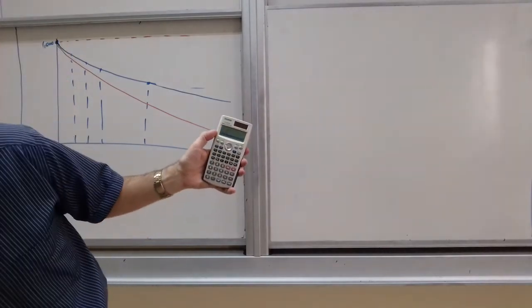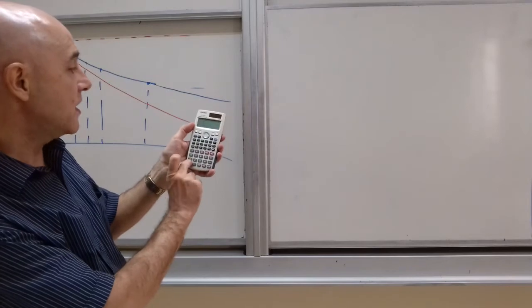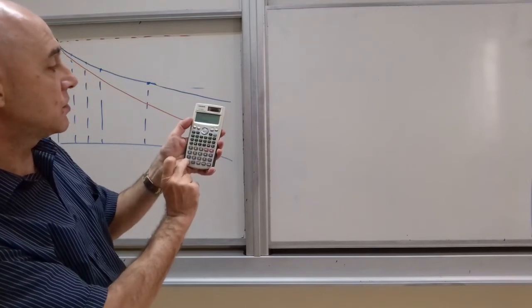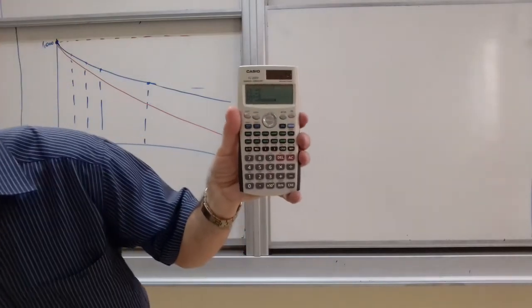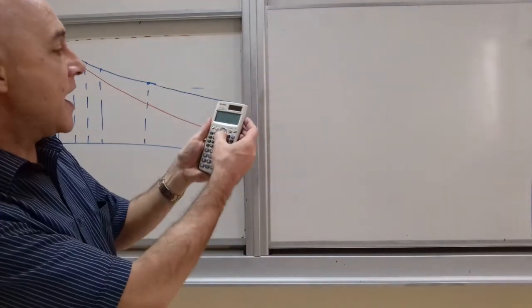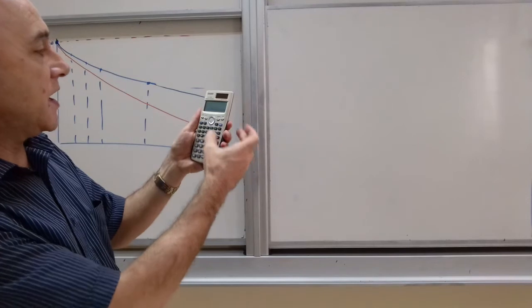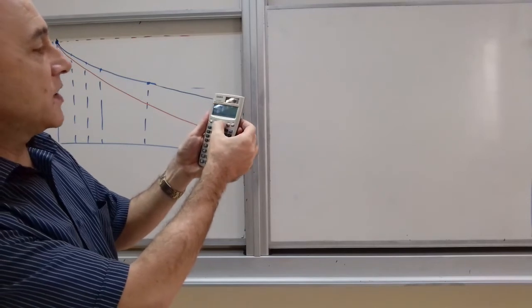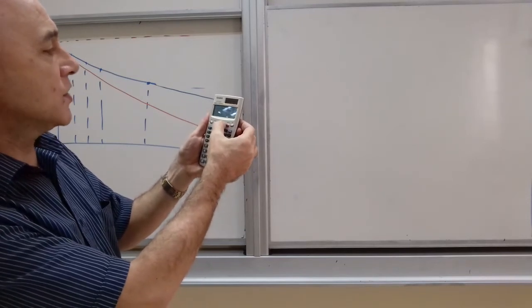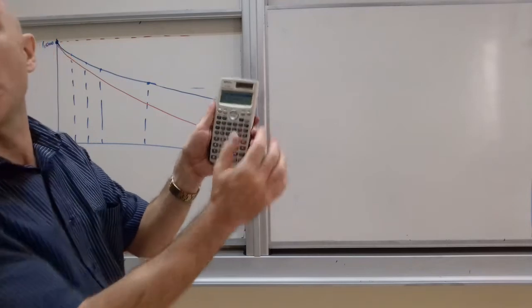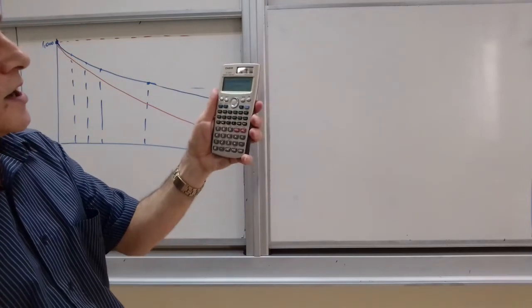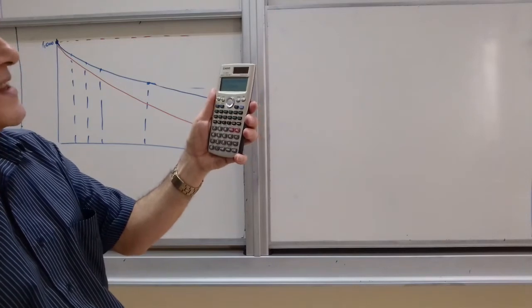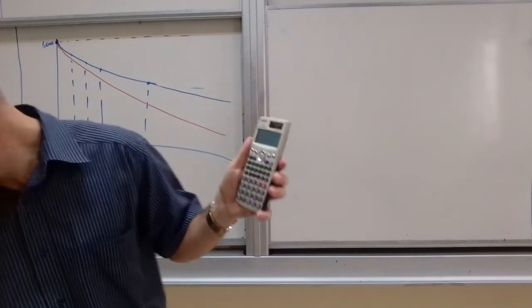The future value is 500,000. I just say, well, what's the present value? Solve. I got a blue button for solve. When I click, it says 279.